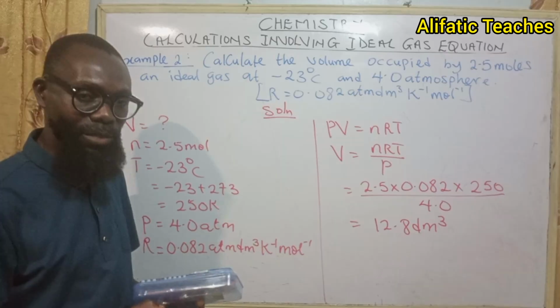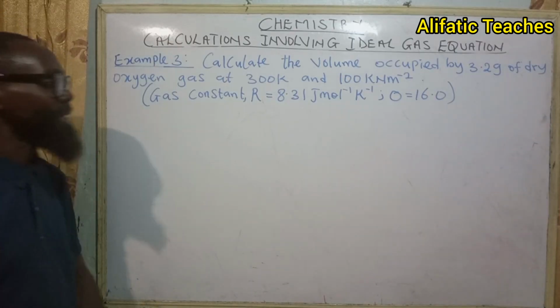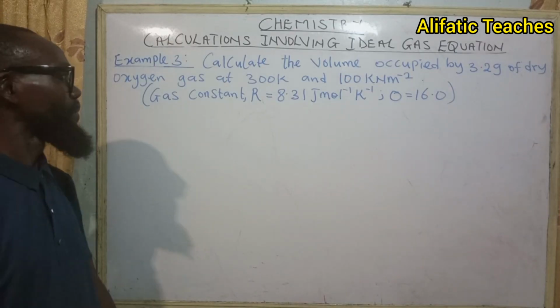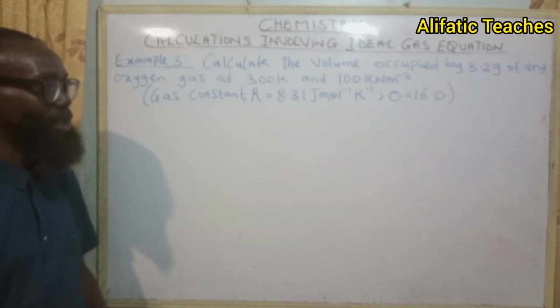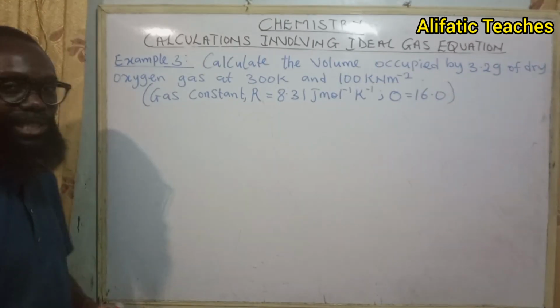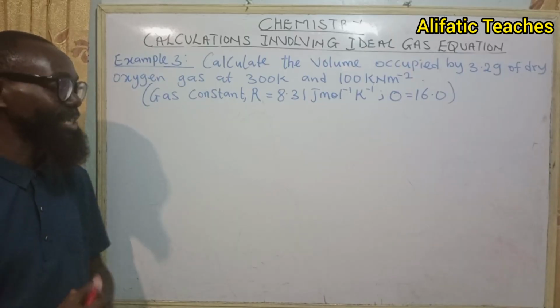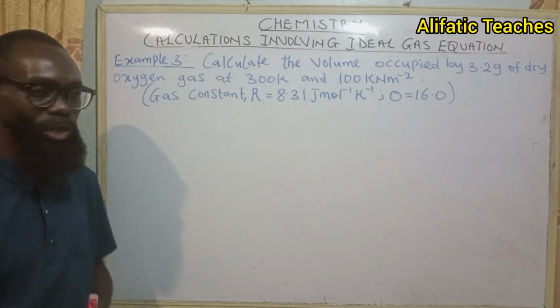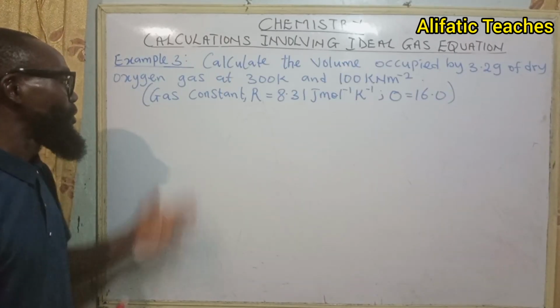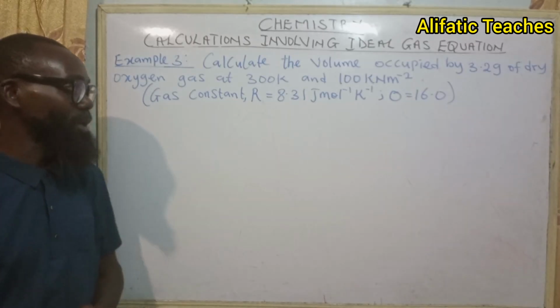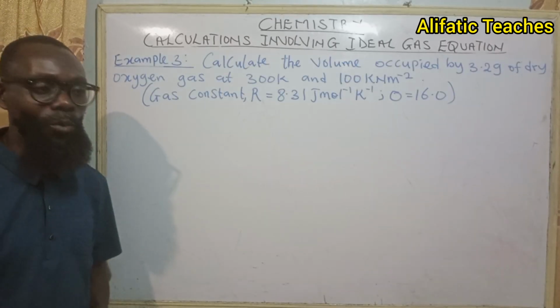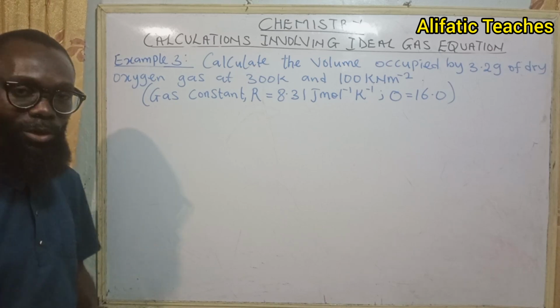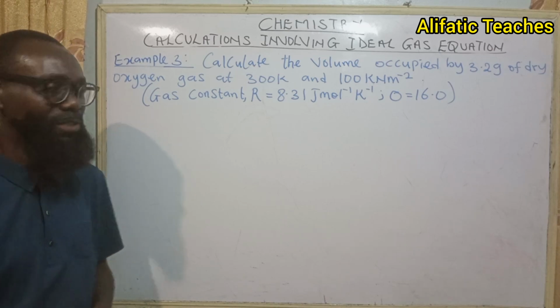So let's take one more example. Example 3. Calculate the volume occupied by 3.2 grams of dry oxygen gas at 300 Kelvin and 100 kilonewton per meter square. Given the gas constant to be 8.31 joule per mole per Kelvin and one atom of oxygen to be 16.0, that's the molar mass of that oxygen.